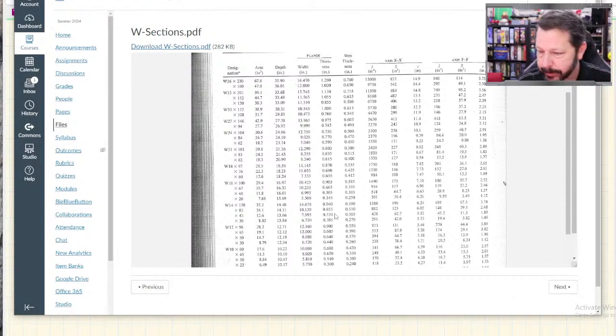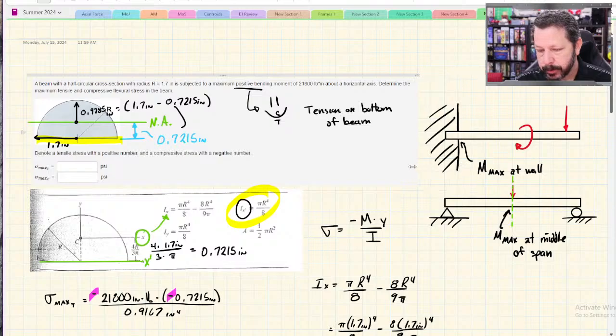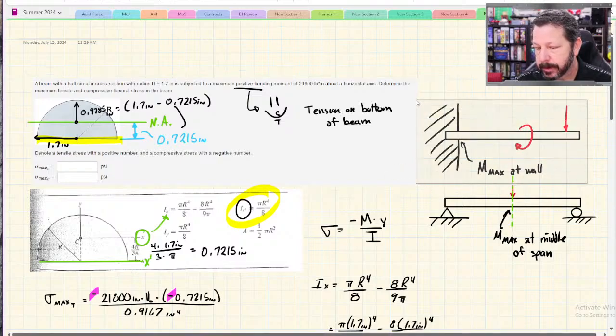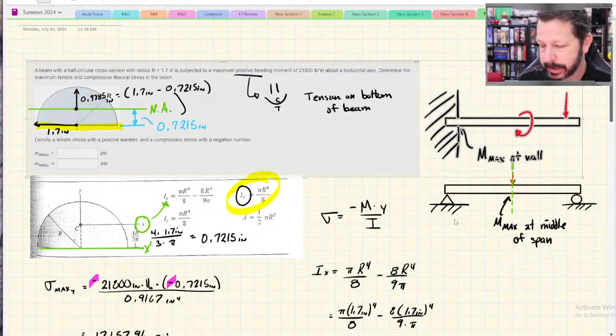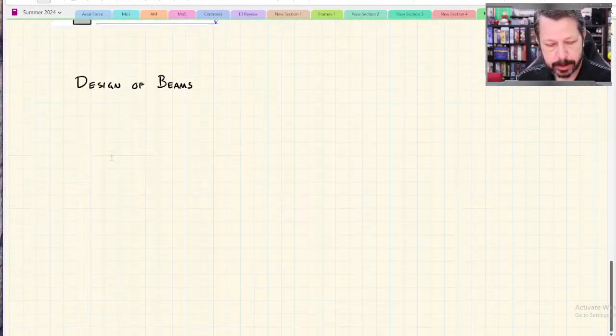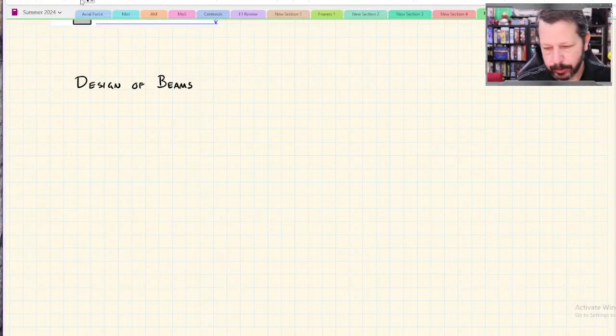Again, based on this morning or this few minutes ago, when you have a cantilever, you don't actually have to draw the shear and bending diagram if all you need is the maximum bending moment, because it's going to be at the wall. But let's just draw one for the sake of it, for the practice. When we're doing design of beams, you want to know the maximum bending moment because you're designing against the worst case scenario. So we're just going to do a cantilever for practice.